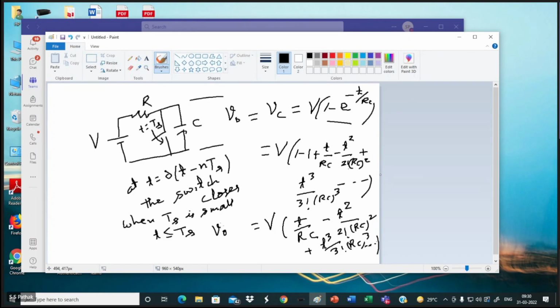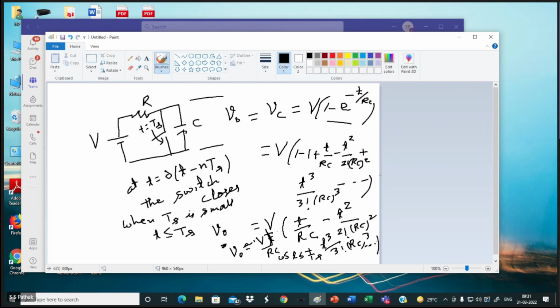So we will be getting here V naught approximately equal to V into T by RC, for T going from 0 to Ts. Other things are not coming.